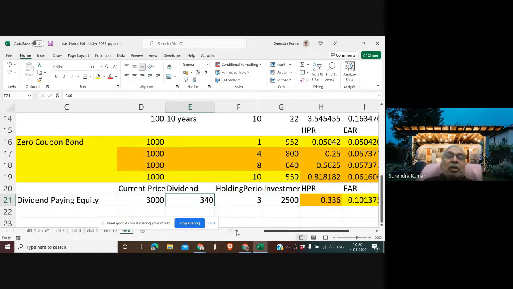See, maybe in the book that will be explained theoretically but not practically. So I'm just trying to connect with the chapter. We have taken 340 as dividend, and we are saying holding period is 3 years.